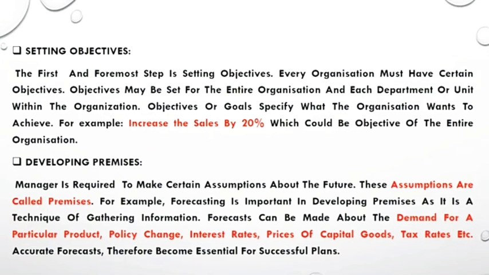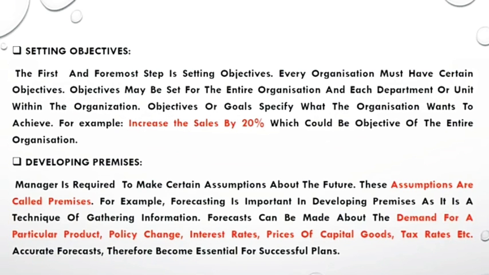Objectives or goals specify what organization wants to achieve, and on the basis of this objective, course of action are required to be developed. Objectives should be stated clearly for all the departments because they will give the direction for all the employees and the laborers how to work.